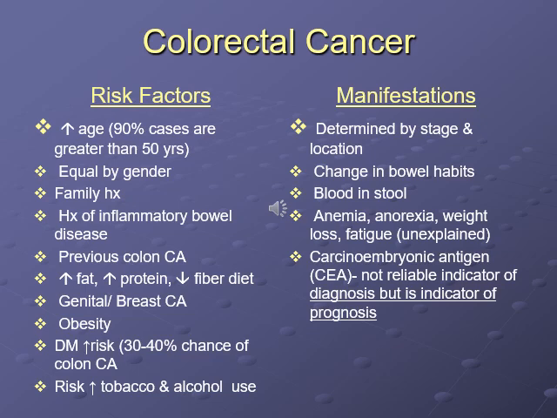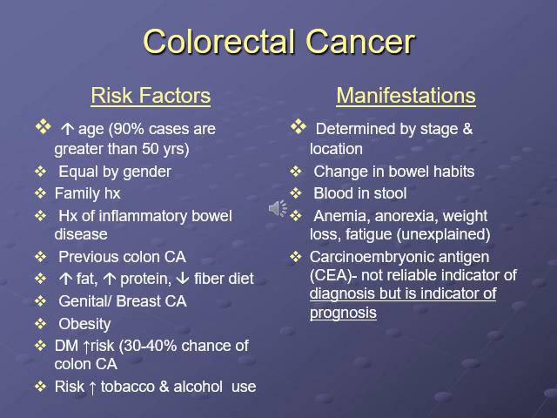Manifestations, signs, and symptoms really depend on the stage and location, but the number one reported is just a change in bowel habits, maybe fluctuating constipation and diarrhea, things that aren't necessarily super noticeable if we lead busy lifestyles and we're not paying attention to all of that in great detail.